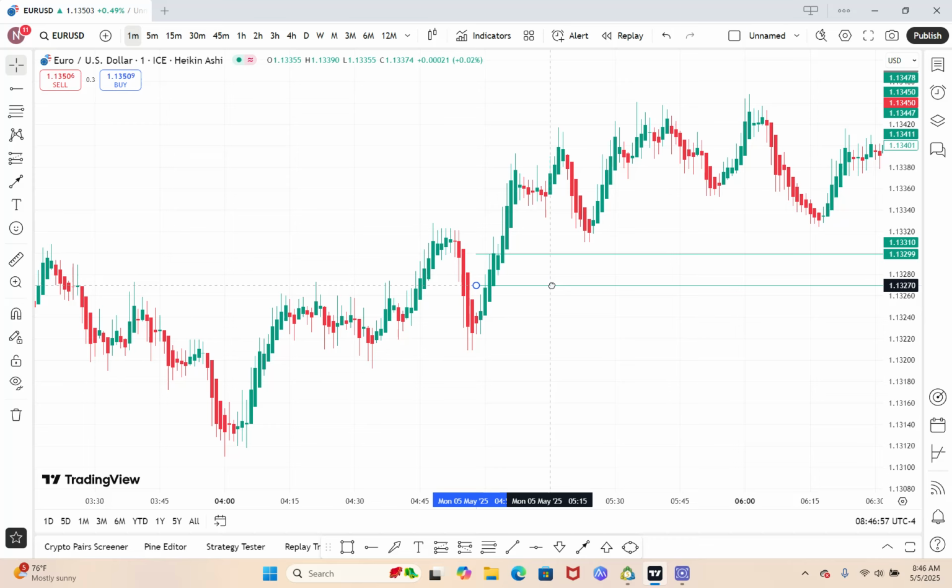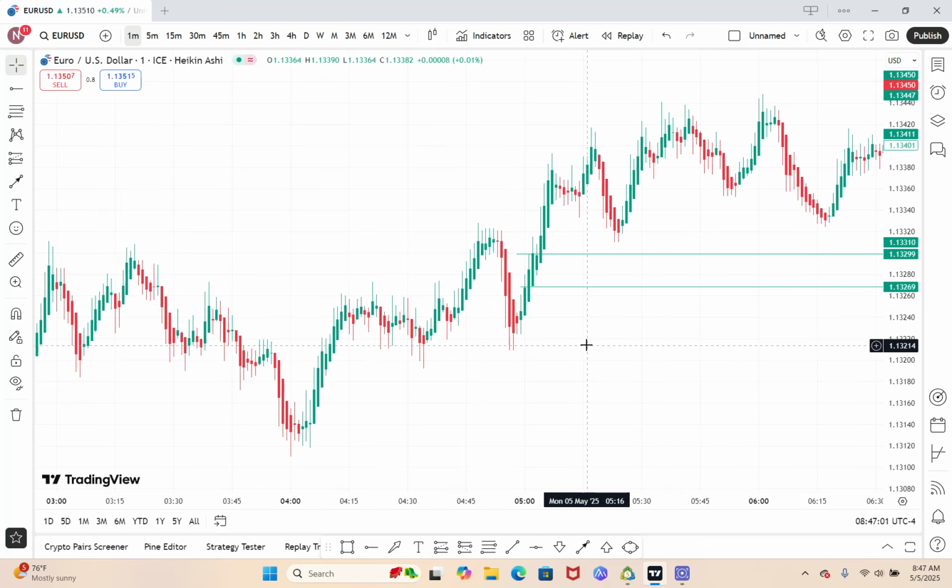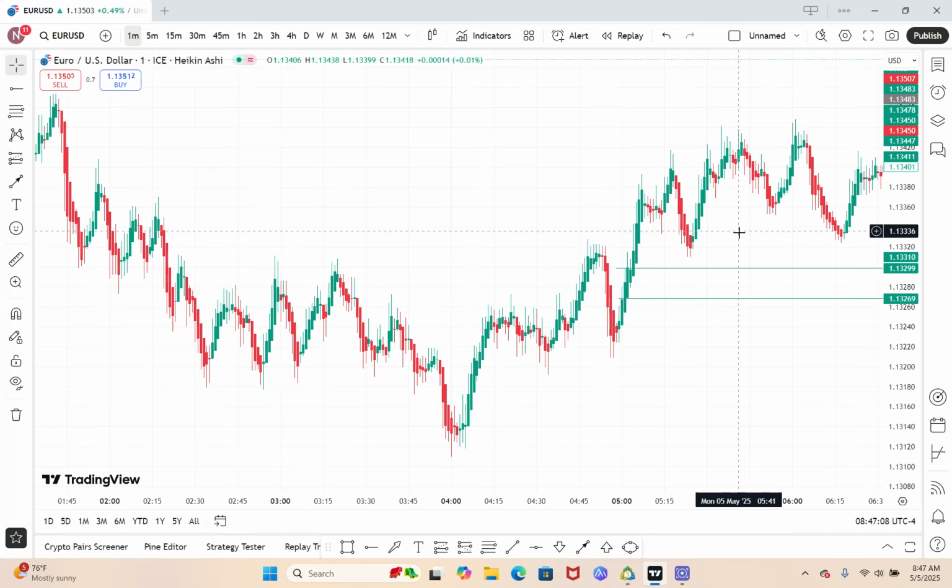Chances are, if more buyers are still in this area, when the market comes back, it might be able to make another push up.